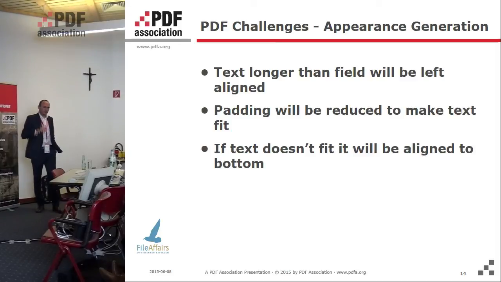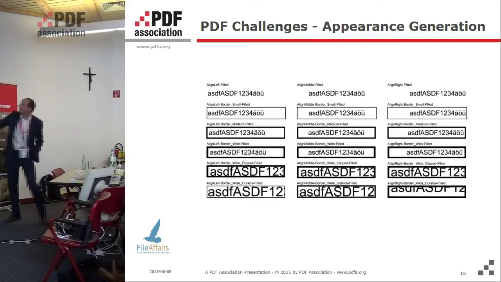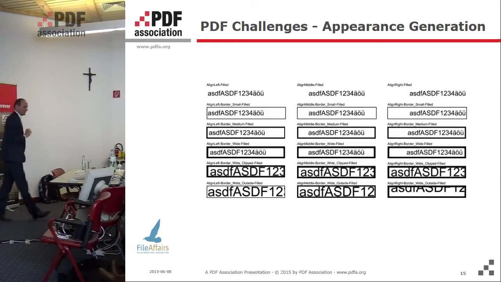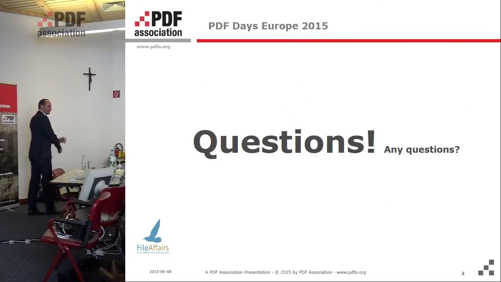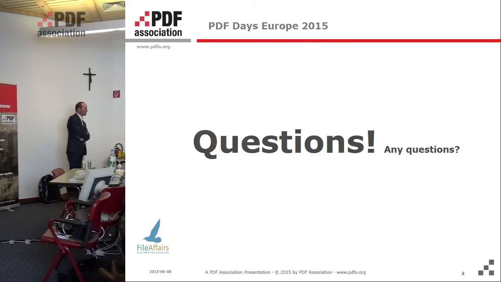And as I said, if text doesn't fit, it will be aligned to the bottom. So the bounding box of the font will be like this, and the bottom of the bounding box will be at the edge of that border. So that's a very quick outline of challenges implementing a PDF library.